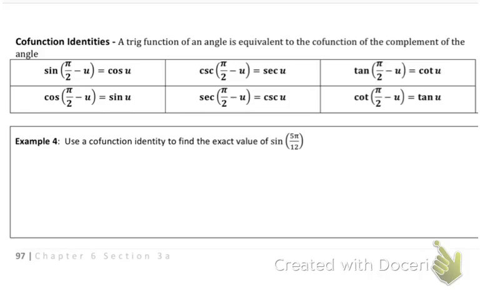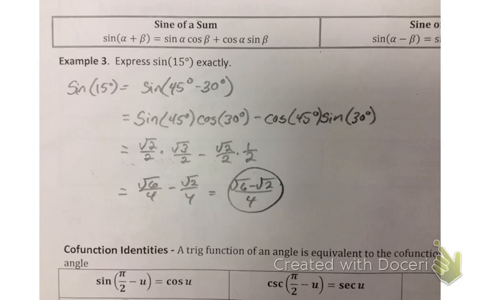Did you have a question? Oh, we can ask it right now. I was just wondering why you kept it separate in one, or separated it in the other one, and then didn't here. Couldn't you just leave it at square root of 6 over 4 minus square root of 2 over 4?